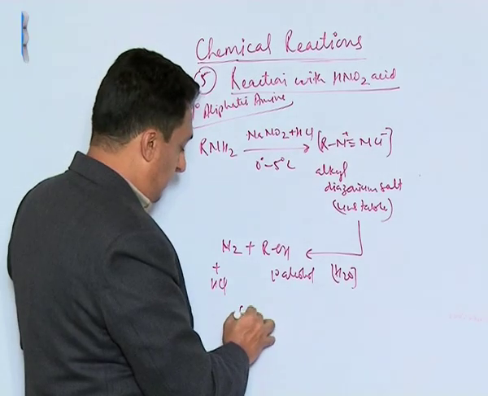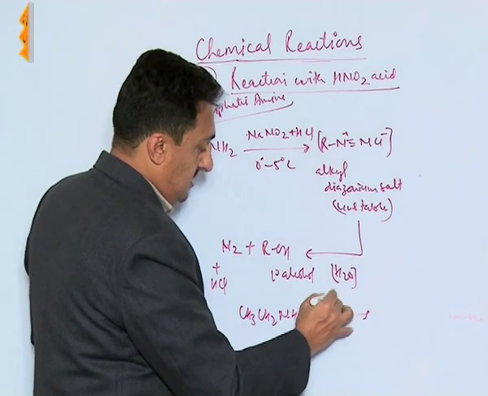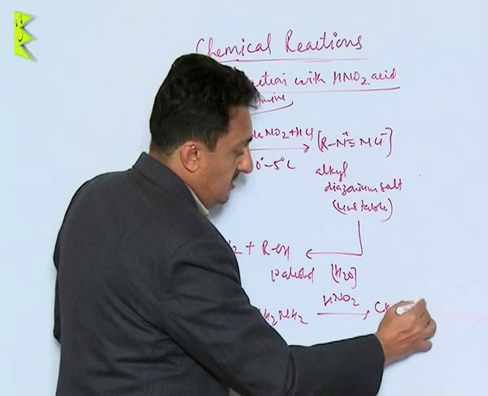So, even if we have, like suppose ethanamine, this on reaction with HNO2 is going to give you ethanol.